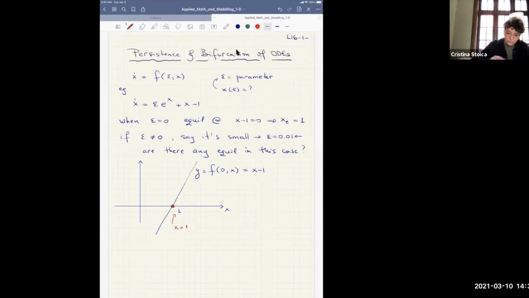Now we jiggle a bit, we make it 0.001 or something. What happens is this graph moves a little bit. This green one is the graph for, let's say, f of 0.01 and x, which is 0.01 e at x plus x minus 1.